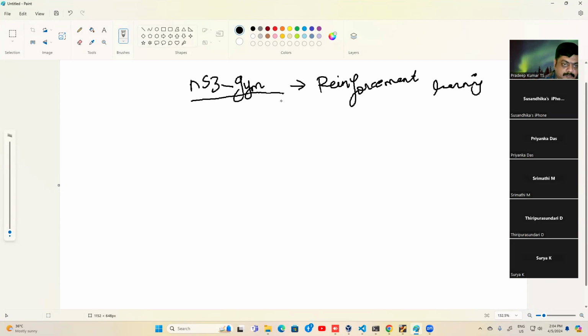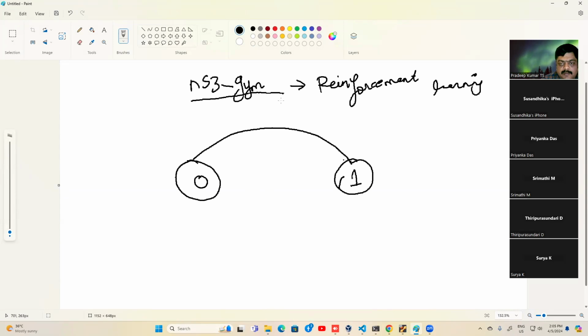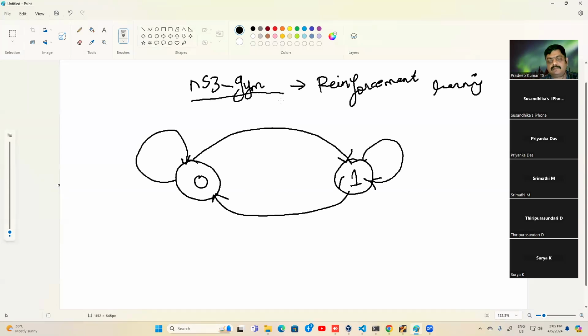First I will explain what this actually is. Let's say I have one state diagram, state 0, and another state, state 1. Between these two states I have state transitions.